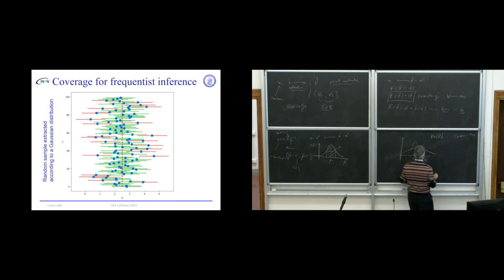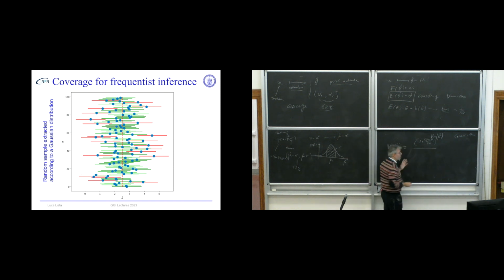This theorem says that the variance of any estimator is greater than or equal to a lower bound, given by 1 plus the derivative of the bias with respect to theta, squared, divided by something. If you have an unbiased estimator, the numerator is 1.